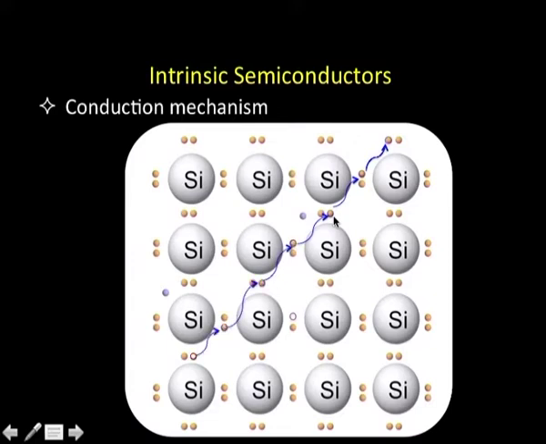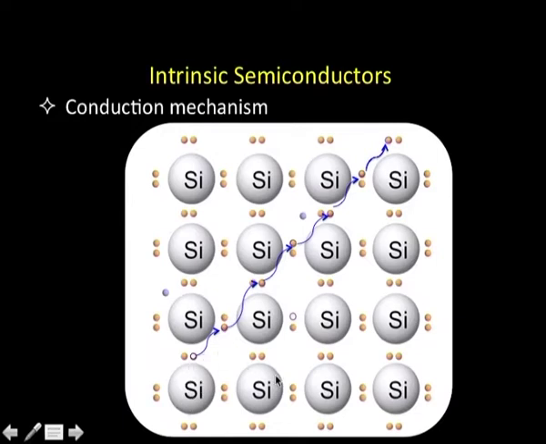So, what you see is that an electron is moving from one place to another and occupying a hole, and that process continues. The effective outcome of this whole series of movements is that an electron which was here has moved somewhere here, and a hole which was here initially has now reached over here.